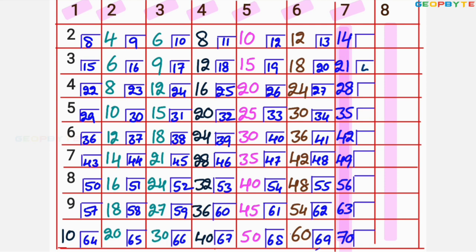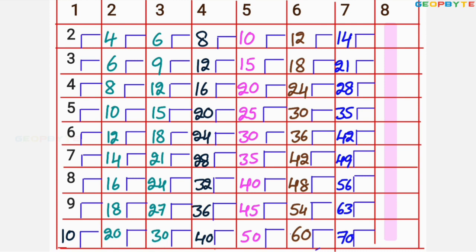Similarly, table 8. Now, table 8 is like this: 1, 2, 3, like that.